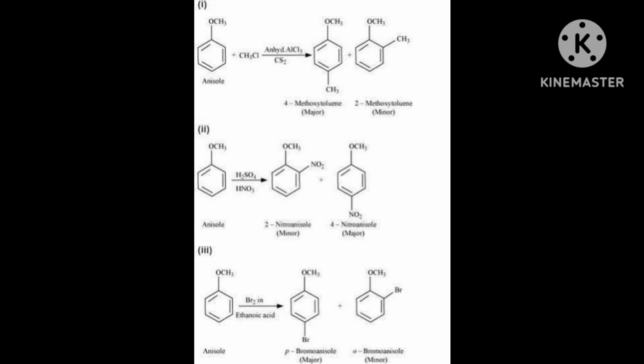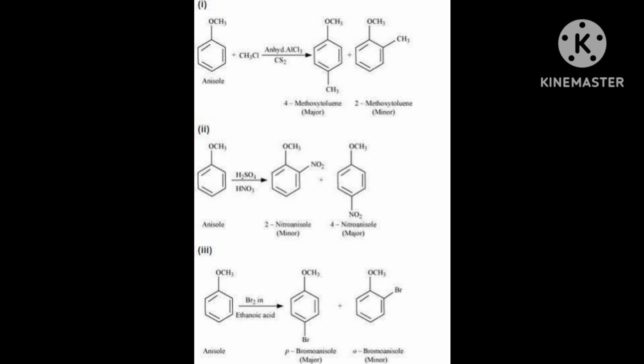Now you can see the Friedel-Crafts reaction. The Friedel-Crafts reaction takes place in the presence of AlCl3, anhydrous aluminum chloride. Anisole undergoes the Friedel-Crafts reaction. What do we mean by the Friedel-Crafts reaction? It is the reaction with alkyl and acyl groups.